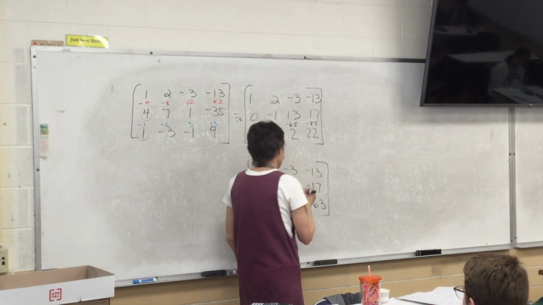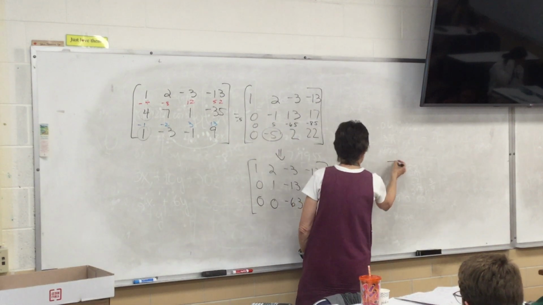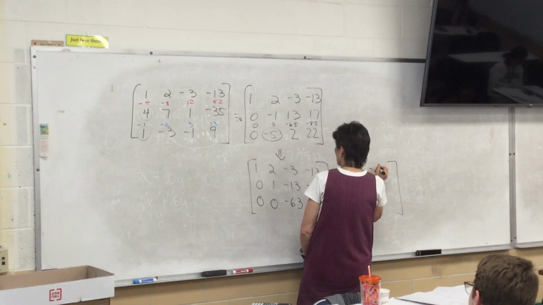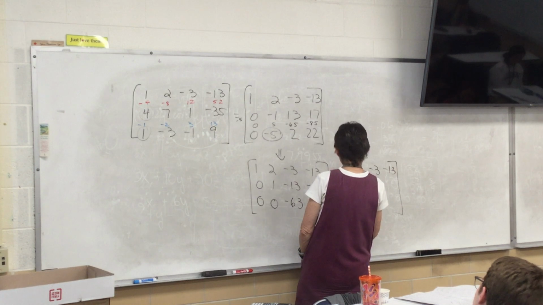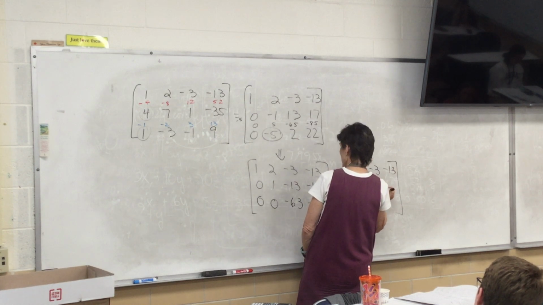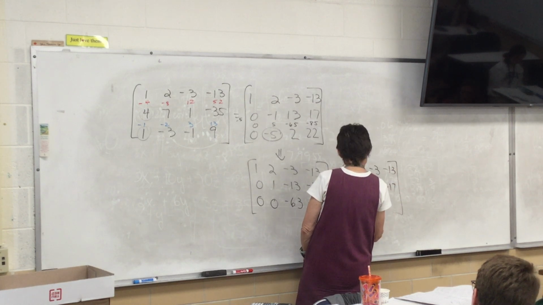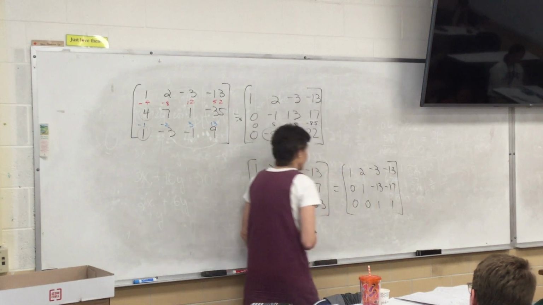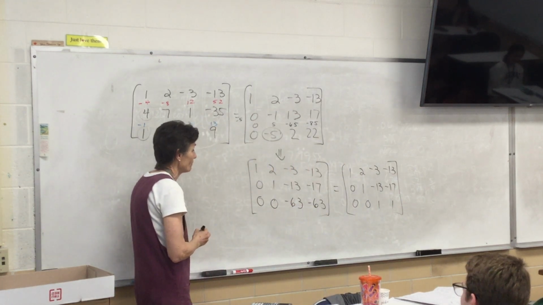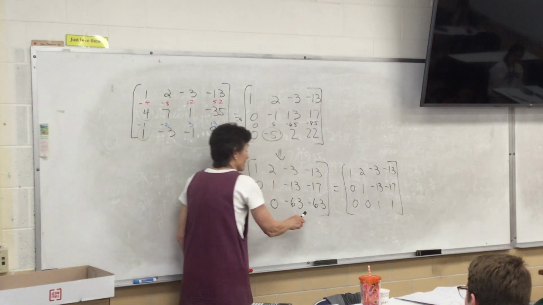So technically, I should write one more matrix, because it says Gaussian elimination, and that means the matrix has to be in row echelon form. But clearly, this is going to give me the answer.